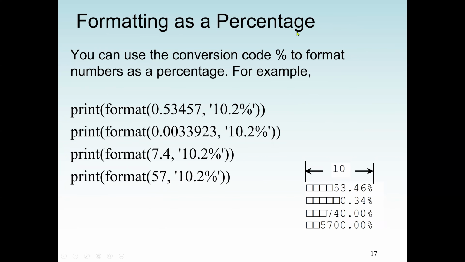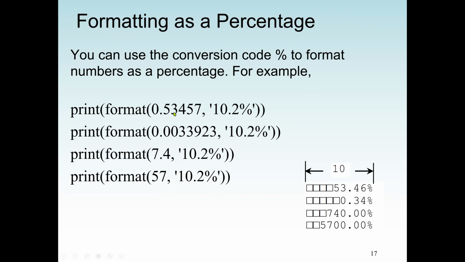So formatting as a percentage is the same concept. Here we have a number 0.53457, formatted with 10.2%, which means we have up to 10 digits and then 2 decimal places. So instead of 456, we approximate it to 46.